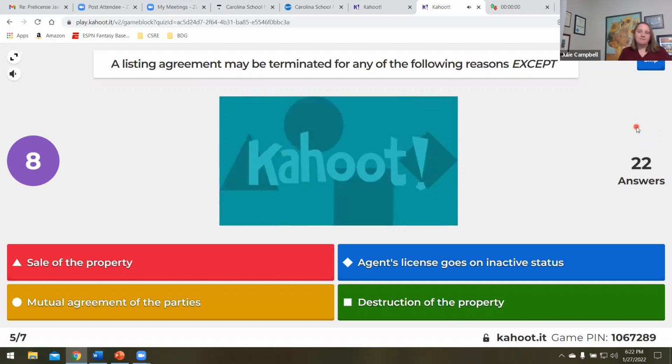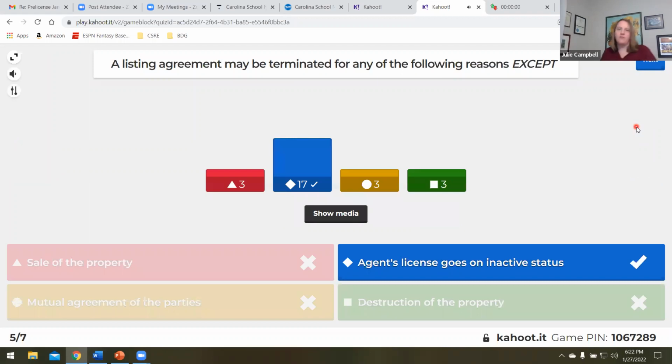The answer is if the agent's license goes on inactive status. Why? Not the agent's listing. The agent's license goes on inactive status, the listing remains because it's the firm's listing. All these others will terminate.